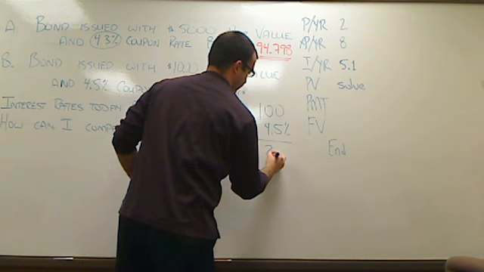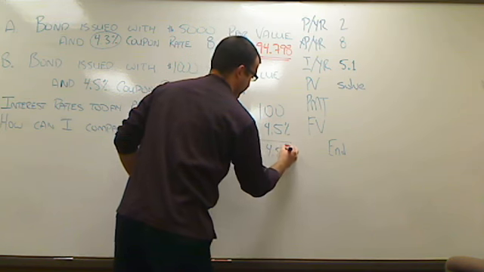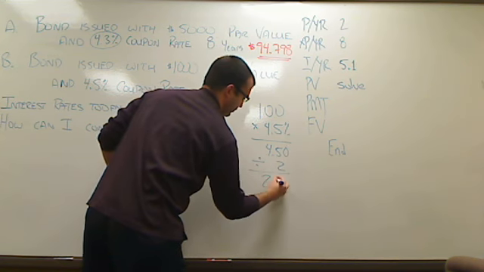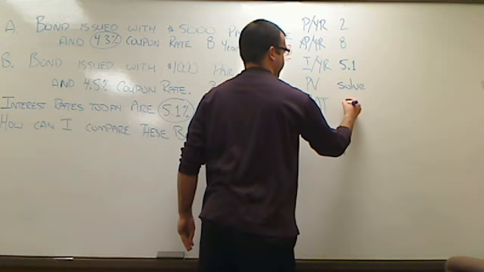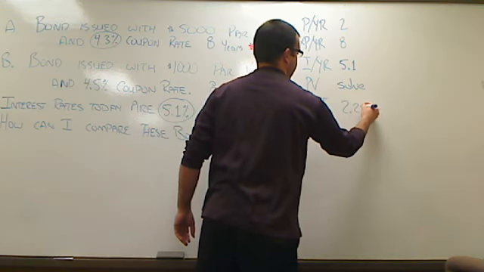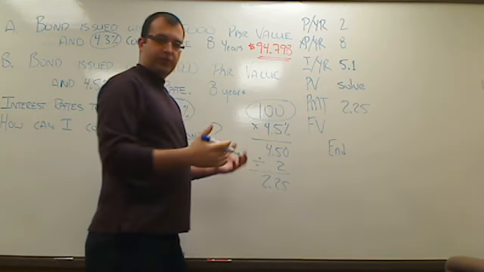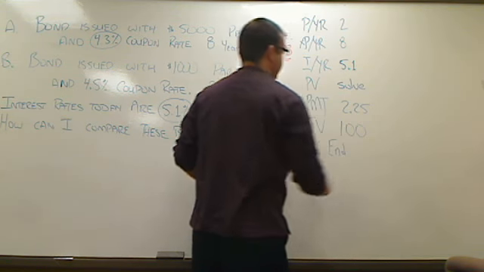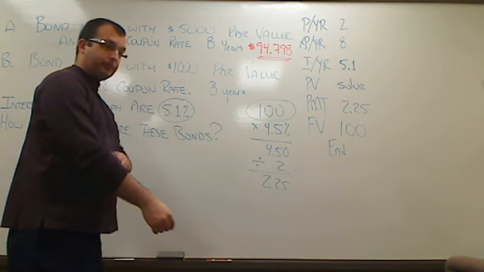So that will be, of course, $4.50 divided by 2, would be $2.25 of payment. And once again, I'm using that same $100 par value. It makes everything uniform with respect to that bond.